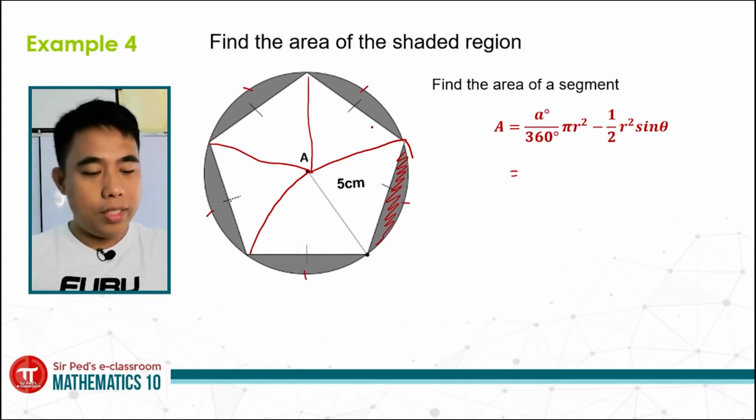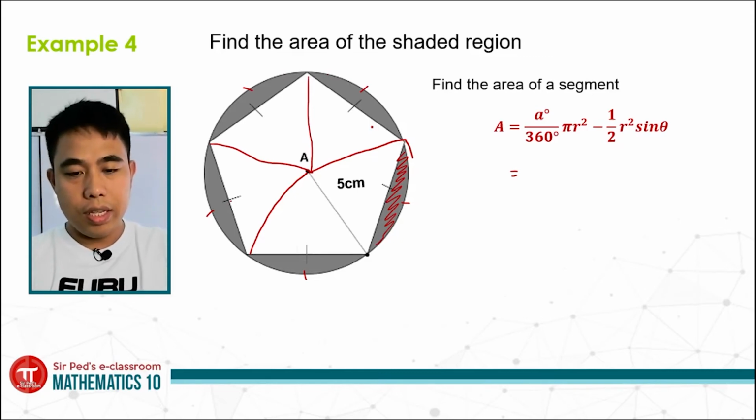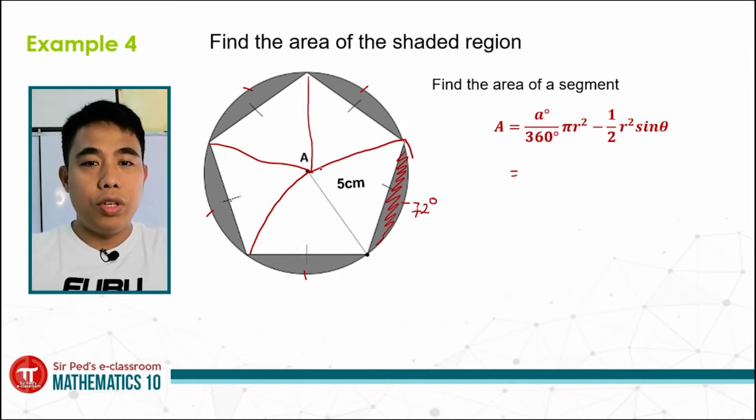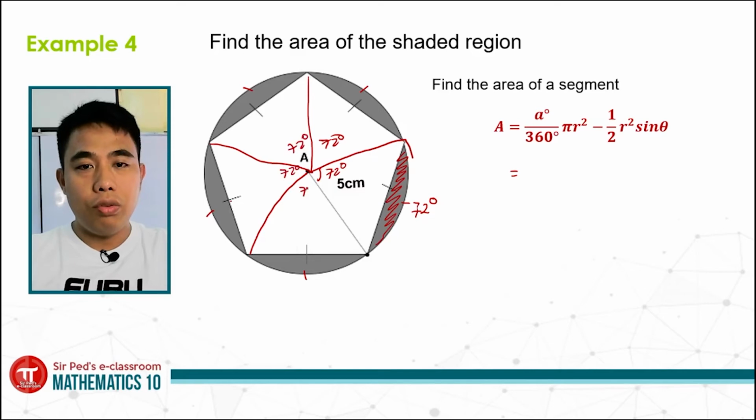So, 360 divided by 5, which means ang intercepted arc ay 72 degrees. So, the angle is also equal to 72 degrees, 72 degrees yan.